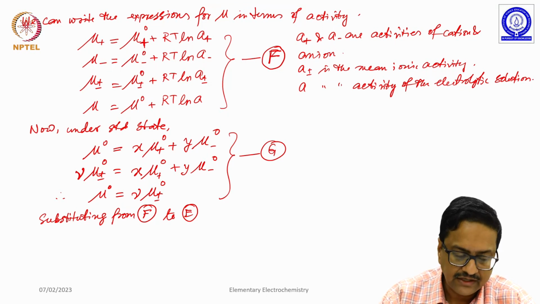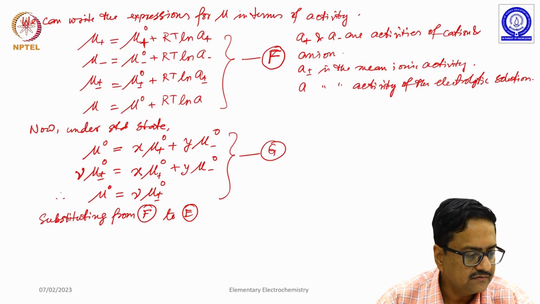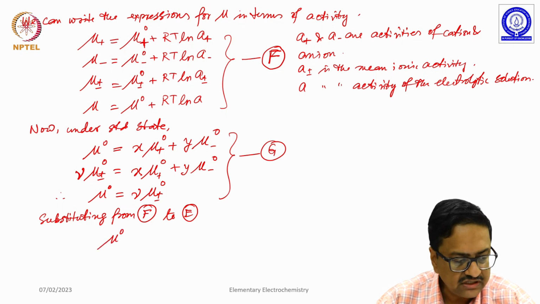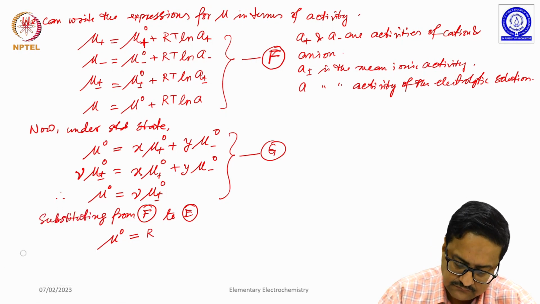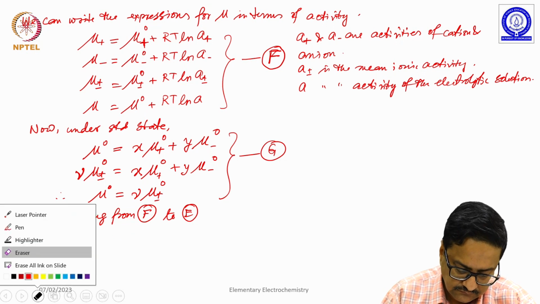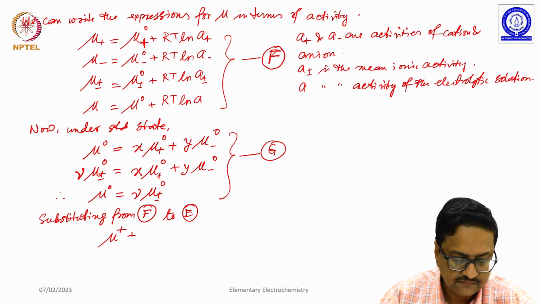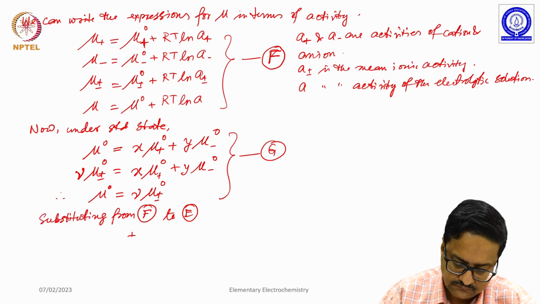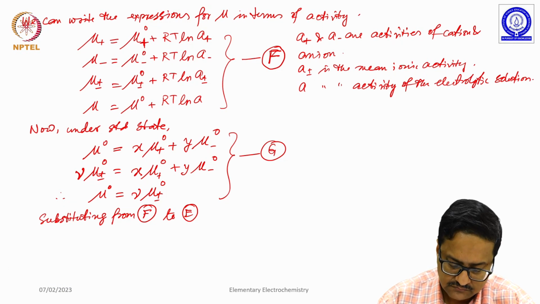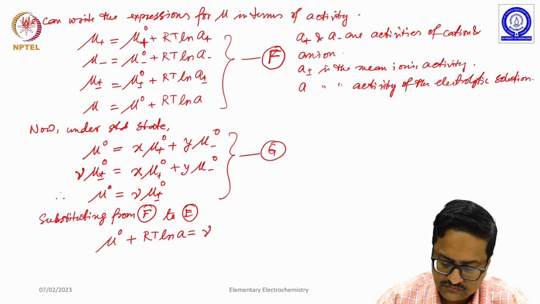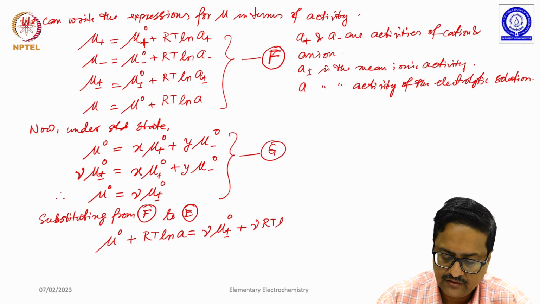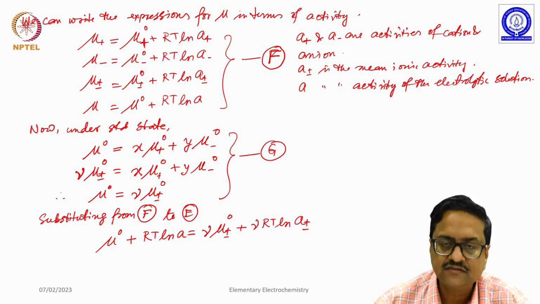So now I am substituting from F to equation E, and we can write that mu 0 plus RT ln a is equal to nu mu plus minus 0 plus nu RT ln a plus minus.